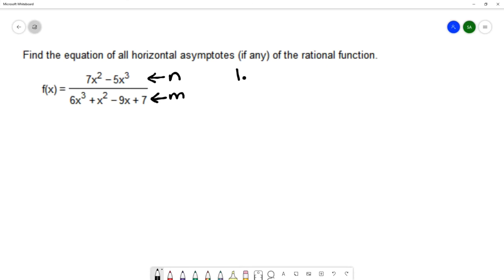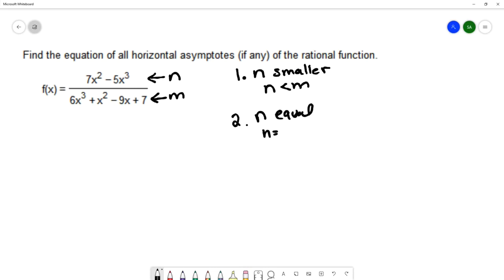So the first case involves n being smaller. In symbols, we write that as n being less than m. The second case involves the 2 degrees being equal to each other. So n equals m.